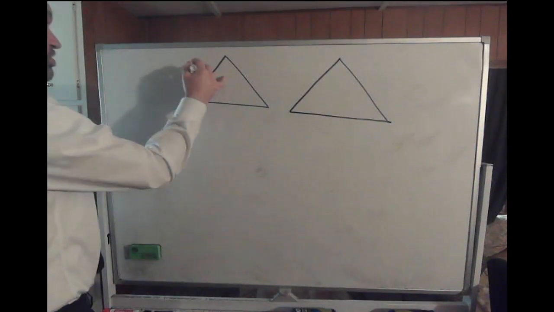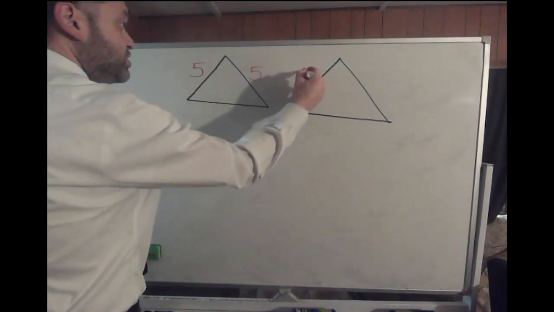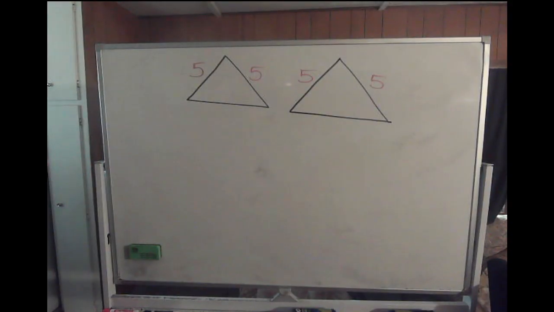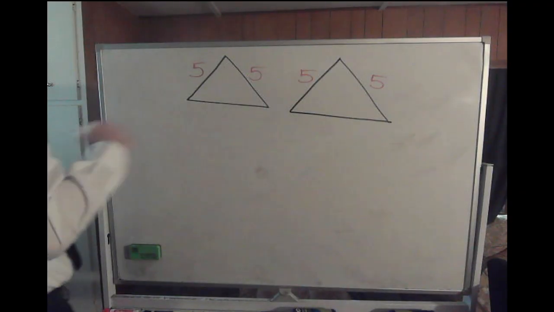Now, in each of these triangles, they give you that two of the sides have a length of 5. That's all they give you. Well, it would seem to be that the isosceles triangle theorem comes into play, right?